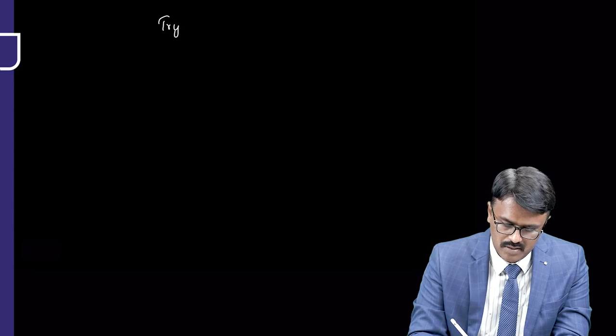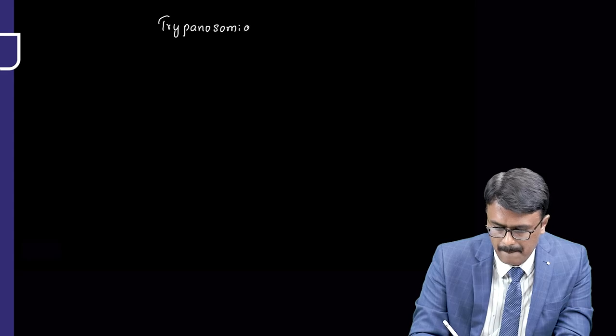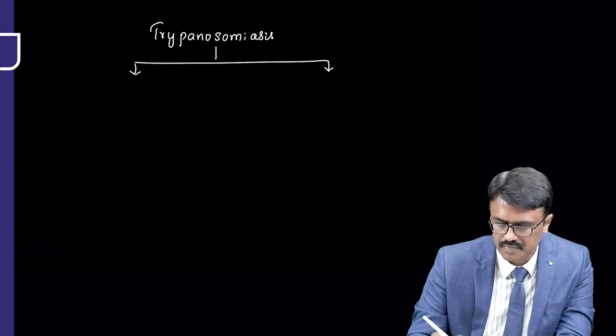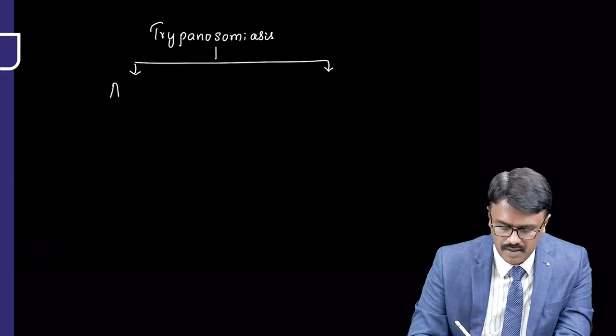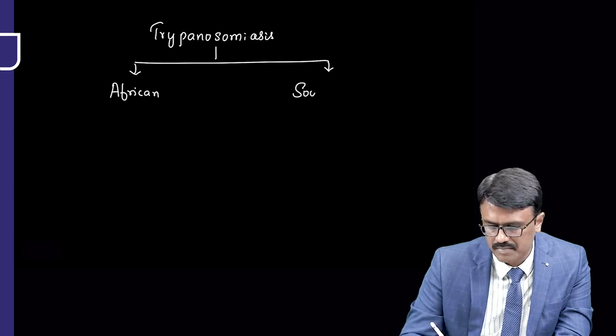Okay, so once we have dealt with leishmaniasis, the next protozoal infection we are going to discuss is trypanosomiasis. In trypanosomiasis, basically we have two important types, the African and South American.